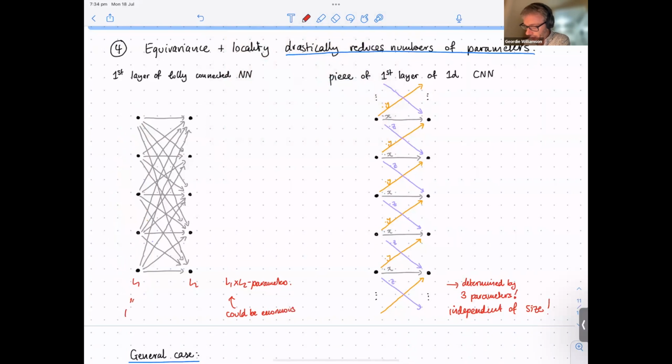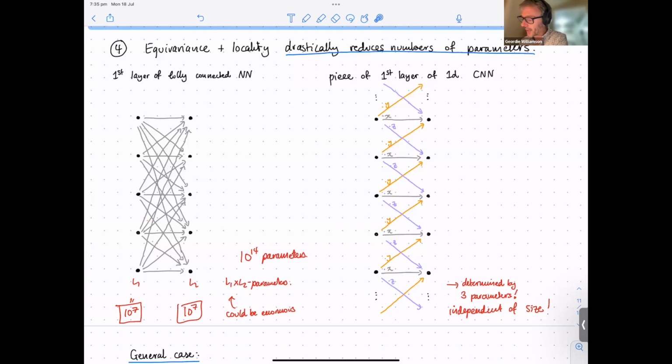For example, in a typical image you might have 10 million pixels, so this could realistically be something like 10 to the 7. If you put 10 to the 7 here, that means you have 10 to the 14 parameters, which is an enormous number even for a good computer.